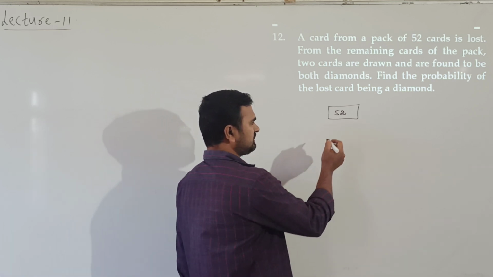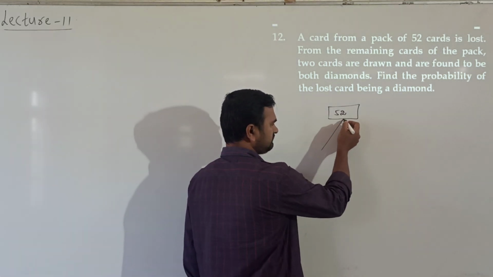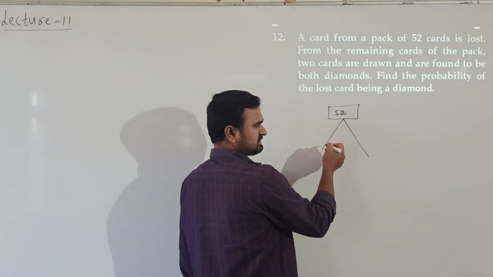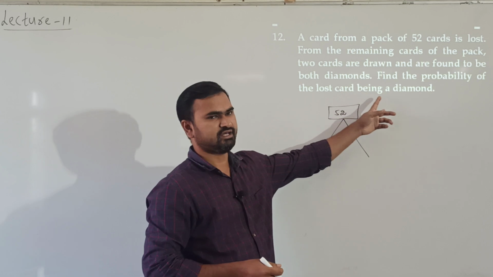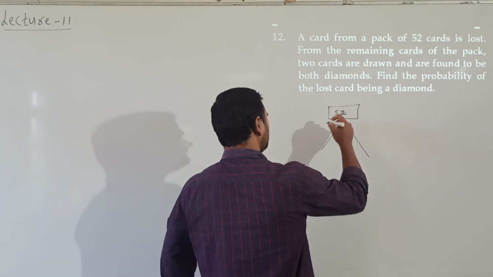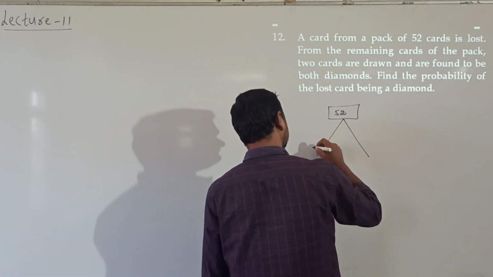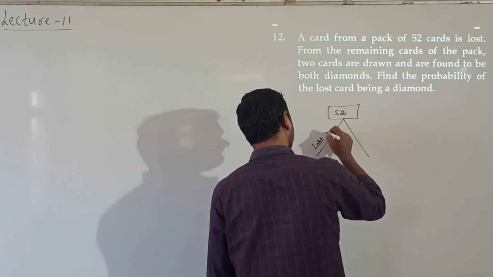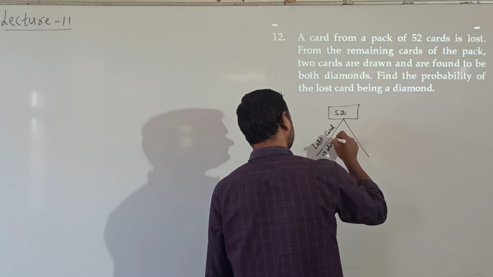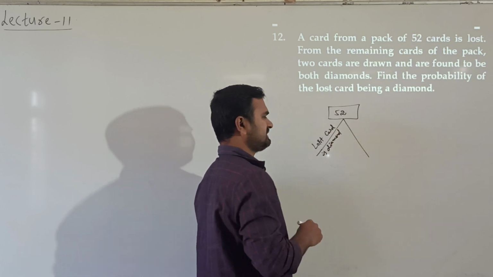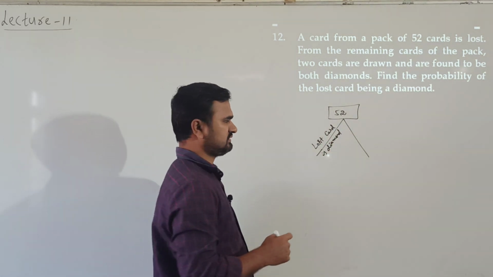That one card lost may be a diamond card or it may not be a diamond card. So the last card is a diamond card.